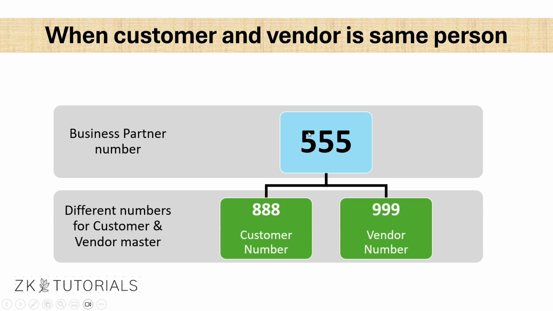In this example, we will create a business partner number for Reliance and extend the business partner role to customer, and we'll give them a number for customer as 888, and as well as business partner number will be extended to supplier role also. At that time we will give another number, that is 999.